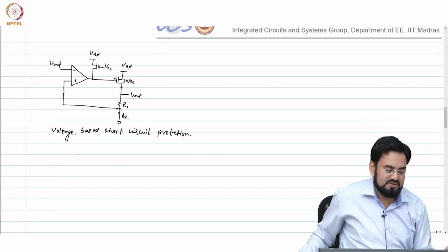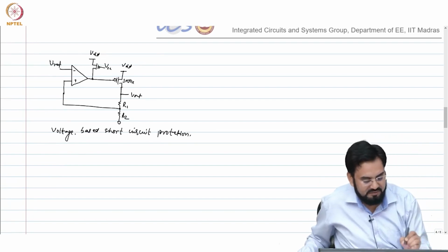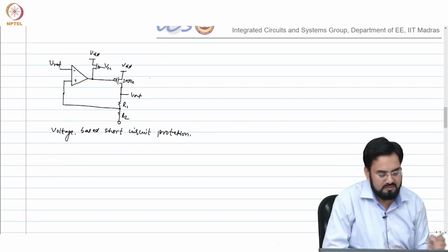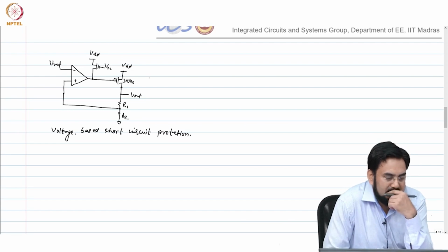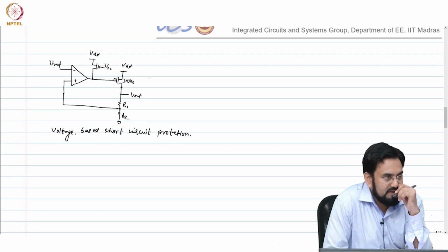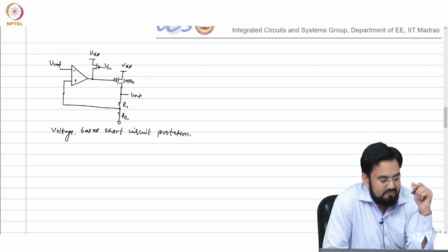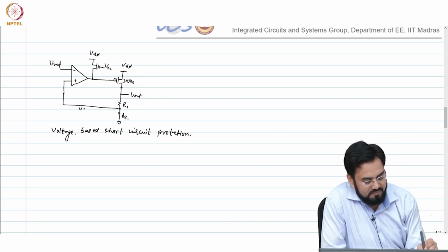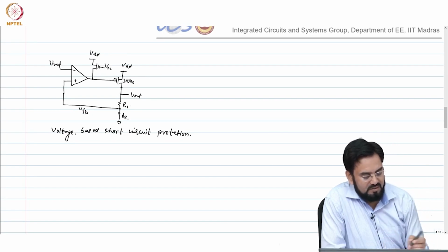So which voltage do I want to sense? If I want to generate the same control voltage to turn off your PMOS power FET, which voltage needs to be sensed? Output or feedback?